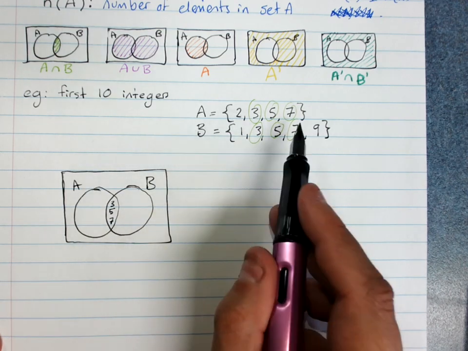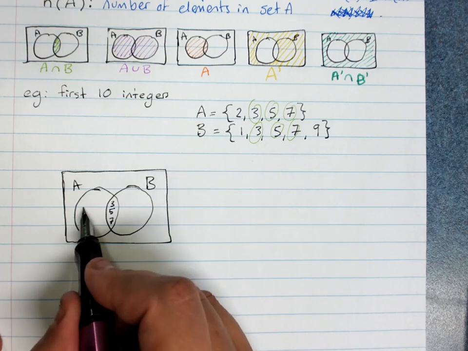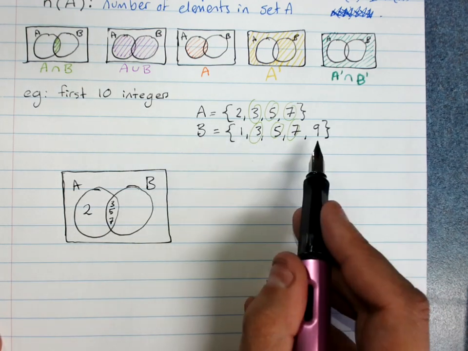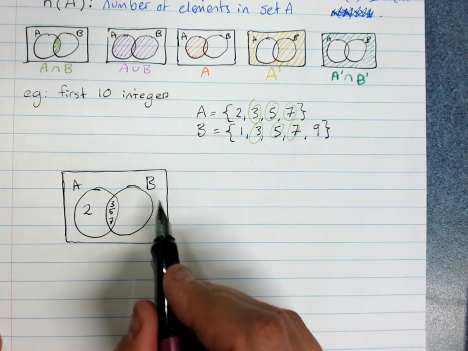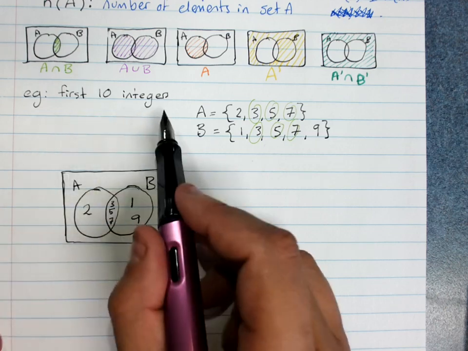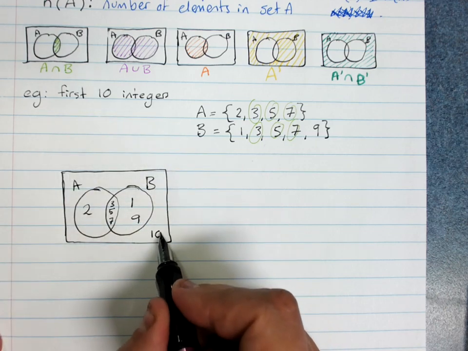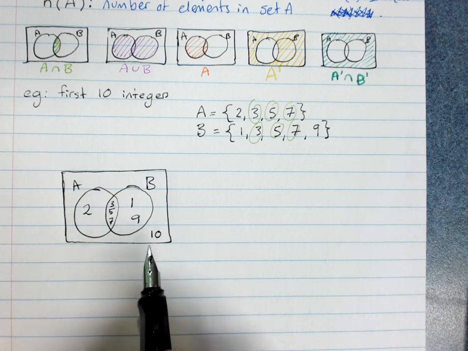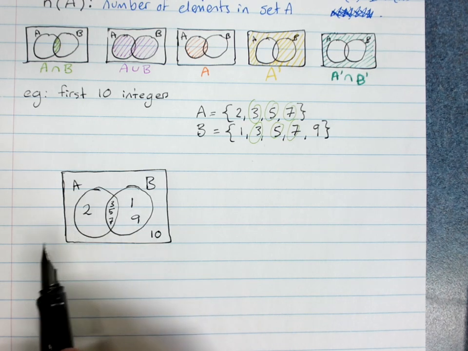Everything left over that was in set A is 2. Everything left over that's in set B but not in set A goes in here. And I told you this was the first 10 integers, so 10 goes out here because it's in the universal set, but it's not in either set A or set B.